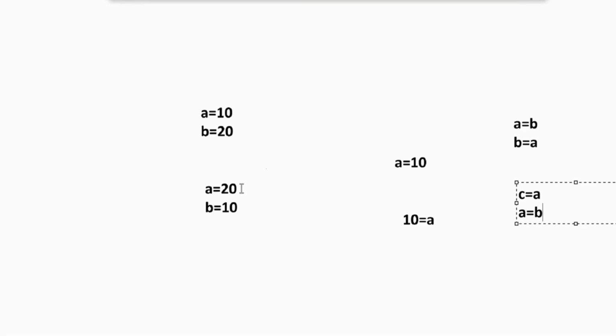First objective is fulfilled now. Now I want the value of B to be the old A. The value of A was already saved in C. A was 10 earlier, C is 10, and when you use B is equal to C, that means B is equal to 10. So this is the way.